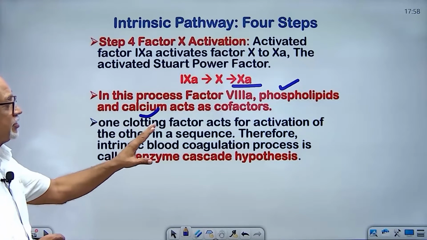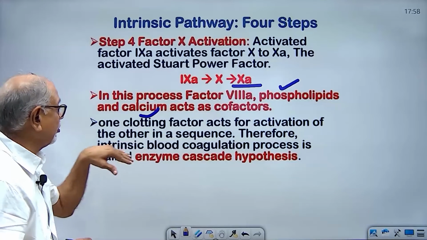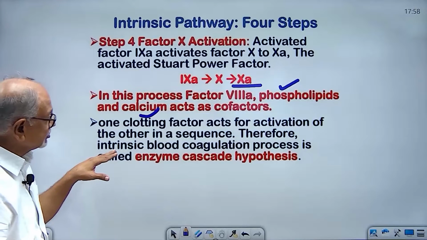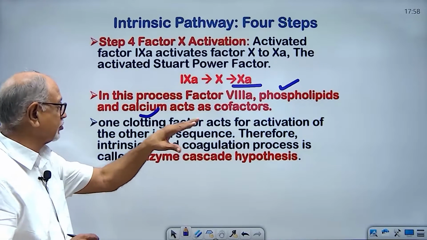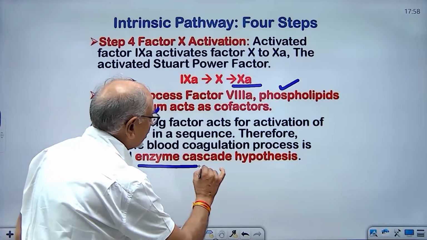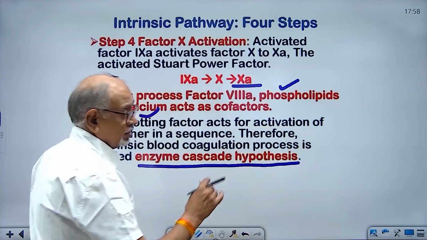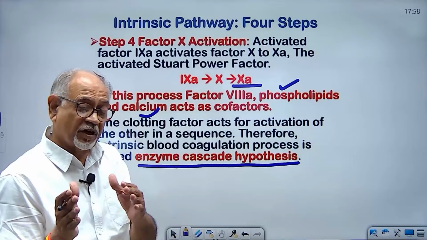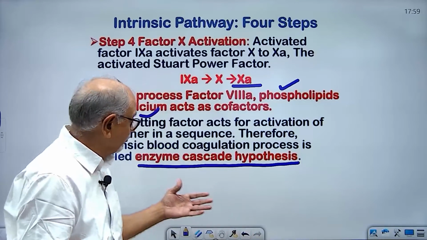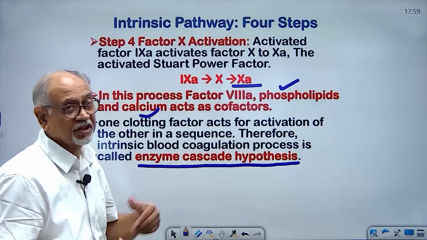One clotting factor acts for activation of the other in a sequence. Therefore, the intrinsic blood coagulation process is called the enzyme cascade hypothesis. So, as we have seen, one factor is activating the other factor in a cascading manner. Therefore, it is called the enzyme cascade hypothesis.